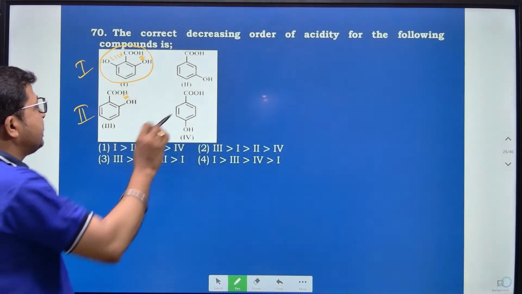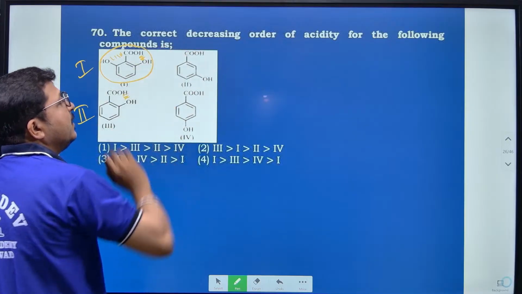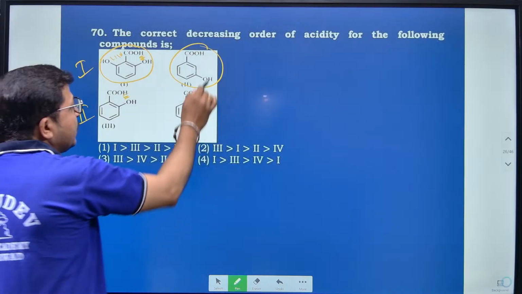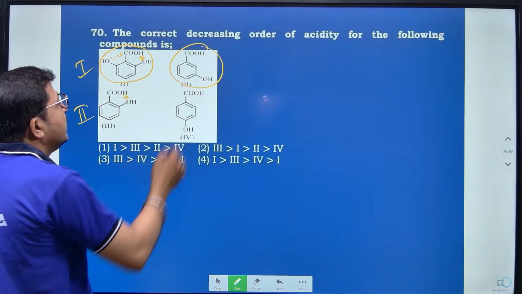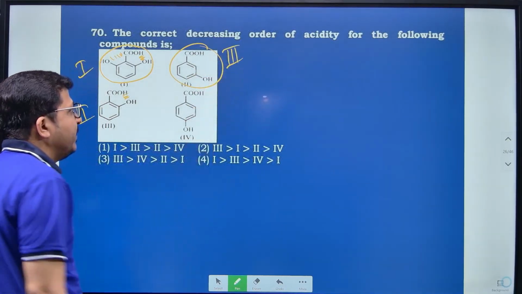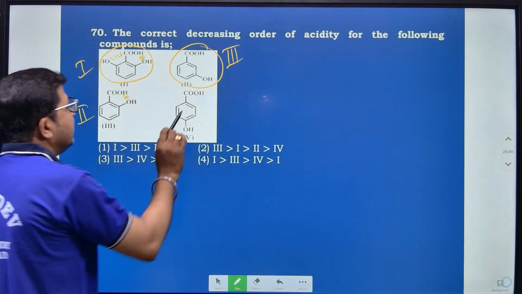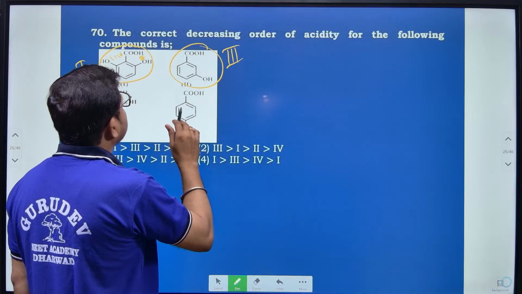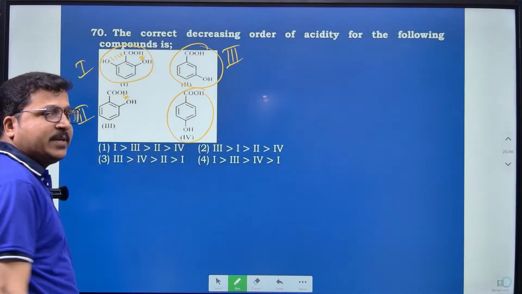Compared to this one, this hydroxyl group is farther away from the benzoic acid group, and this is the third position. Therefore, the acidity strength of the third compound will be 3-hydroxybenzoic acid. And the fourth one is this one, the para position, meaning 4-hydroxybenzoic acid.